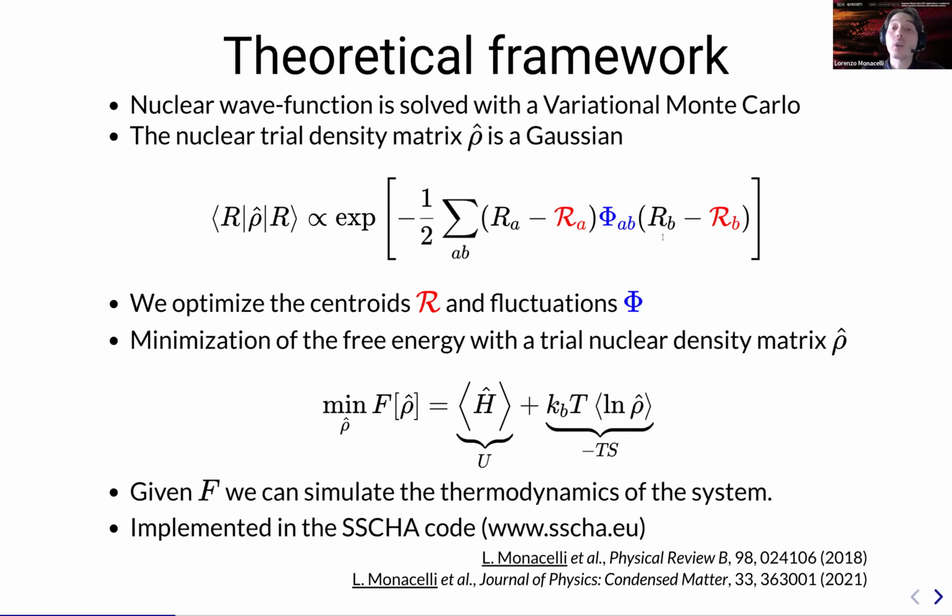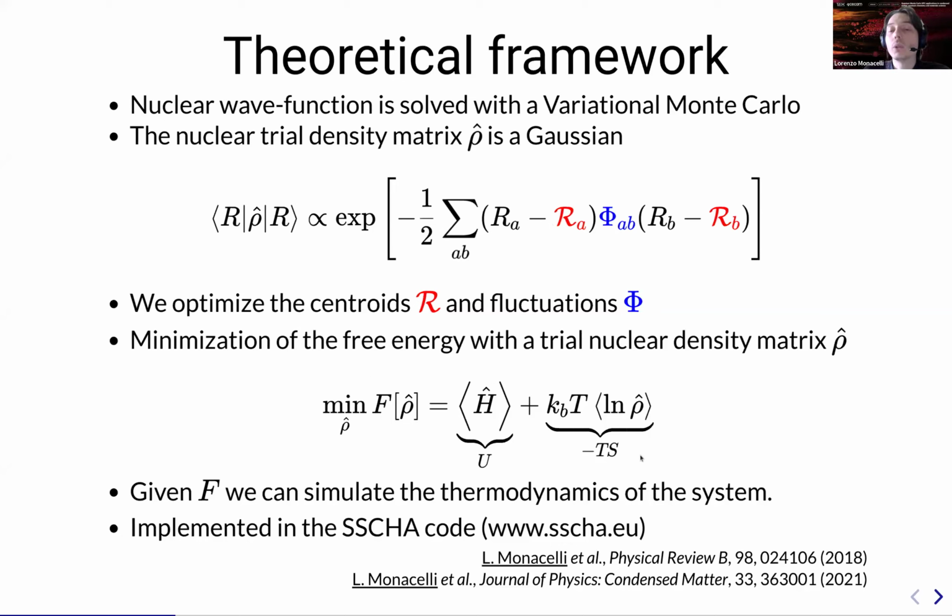And we also have correlation between nuclei, which is described by this matrix, which couples all nuclei with each other. We have a two-body correlation, which is enough usually in this kind of system. And so we take this wave function, or density matrix if you want, and then we optimize the parameters, which are the average position of the nuclei in our system and the quantum fluctuation described by this covariance matrix here. And these are optimized in order to minimize the free energy.